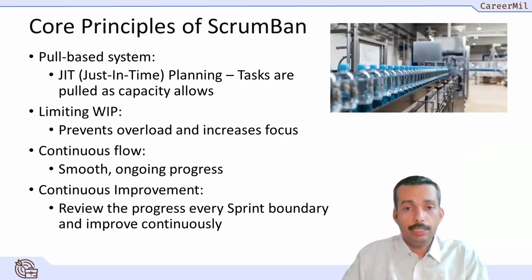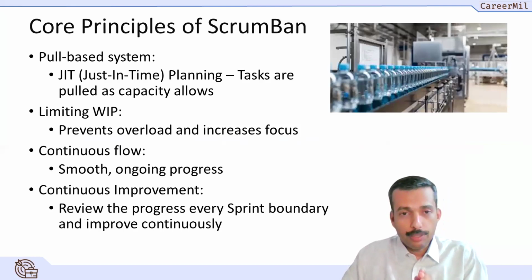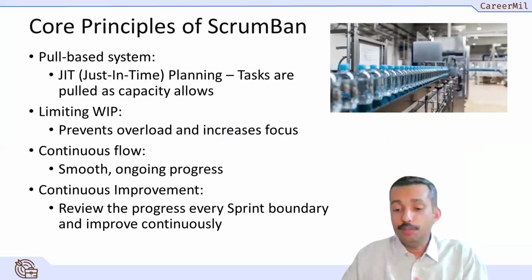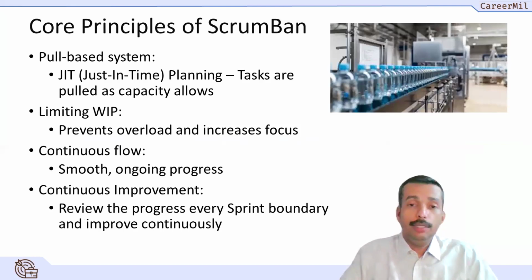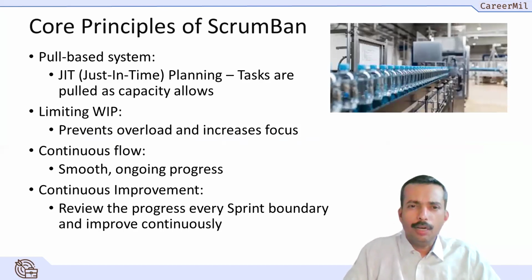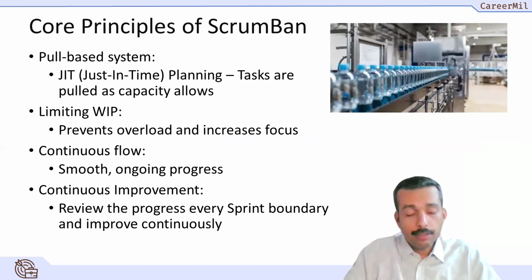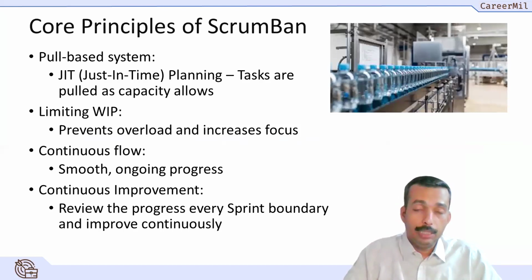There are stages in your entire workflow where it takes longer for a work item to move to the next stage or to the done stage, right? So that is where you start looking at how we can help this particular workflow stage get unblocked, or get things moving faster.